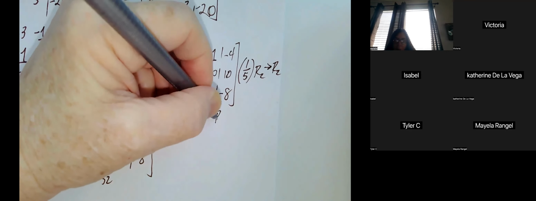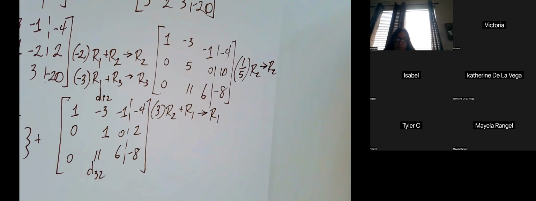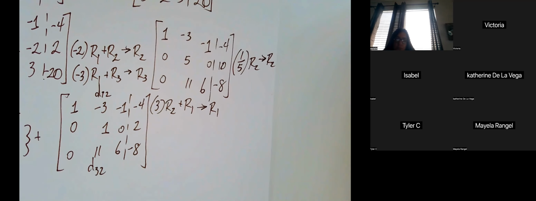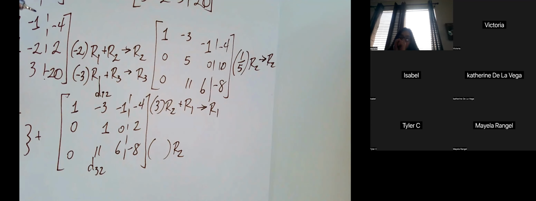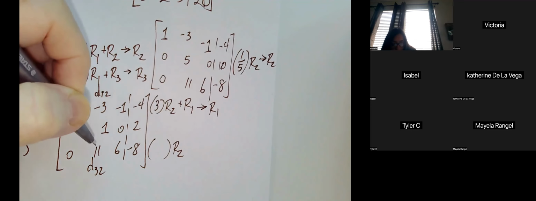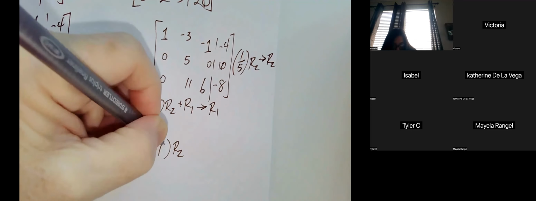Okay, we're changing row 1 here. And what is the command to get a 0 where we currently have 11? We're going to multiply row 2 again by 11. Positive or negative? Positive. Wait, negative. That's right.